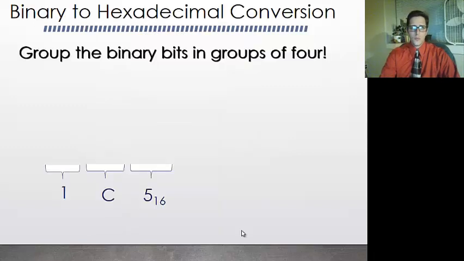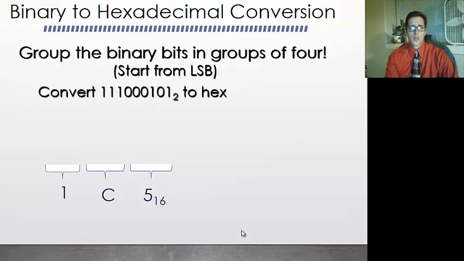So what we're going to do is look at a binary to hexadecimal conversion. We're going to group the binary bits in groups of 4, starting with the least significant bit. It is right here, and you can tell this is binary because there's a subscript of 2.